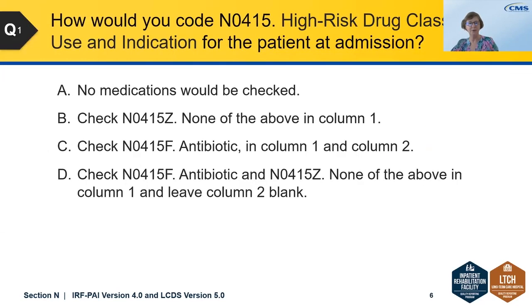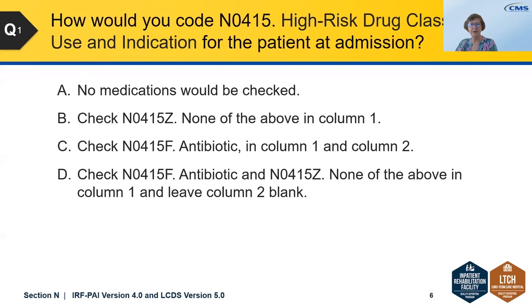And so we'll open our first poll question. Here's our poll question. How would you code N0415, high-risk drug classes, use and indication for this patient at admission? As a reminder, for column 1 is taking, you would want to check if the patient is taking any medication in one of the listed pharmacological classes, not how it is used. And for column 2, if column 1 is checked, you would check if there's an indication noted for all the medications in that drug class.